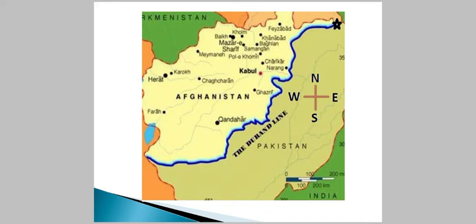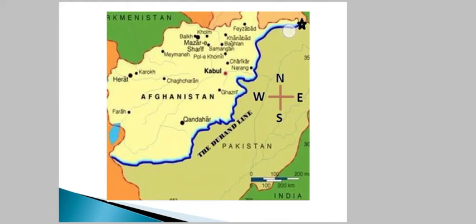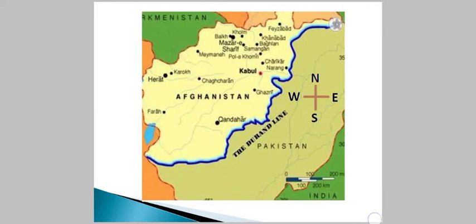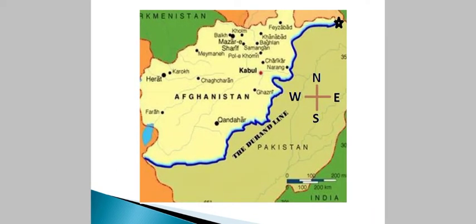Just north of this Pamir Junction is the country of Tajikistan, and this narrow Wakhan corridor is just 18 kilometers in width. It separates Pakistan from Tajikistan.